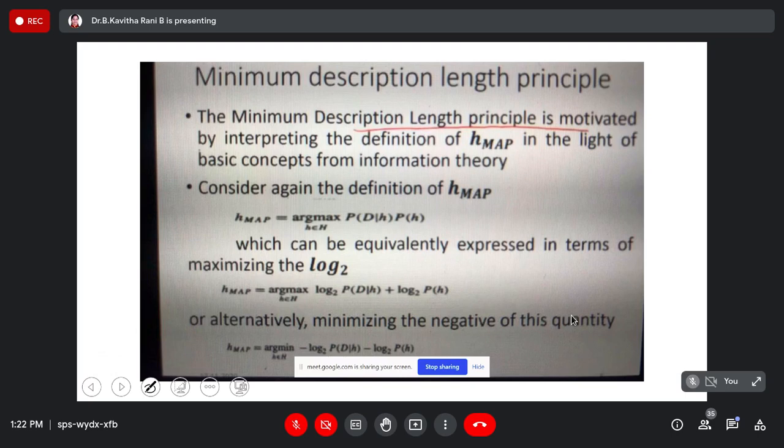Now consider again the definition of HMAP. So HMAP is called argmax, h belongs to H, probability of D given h, probability of h.